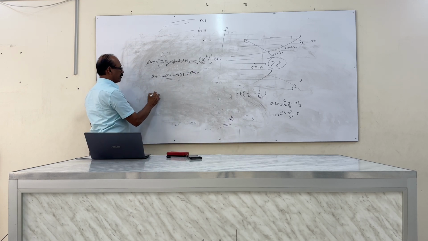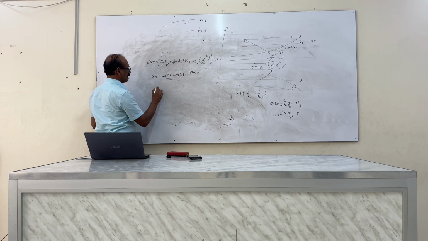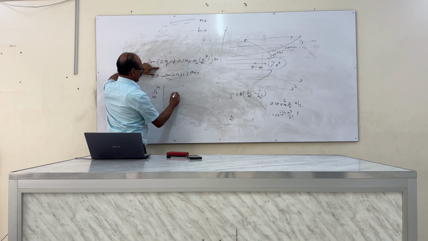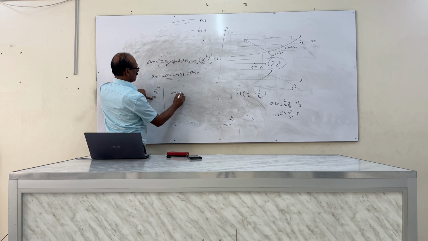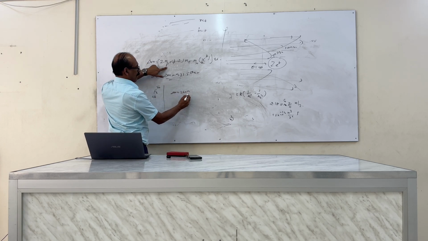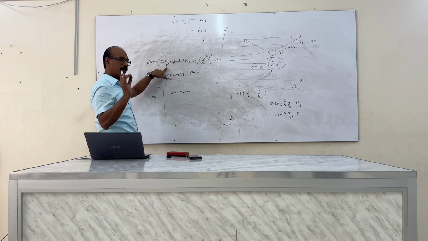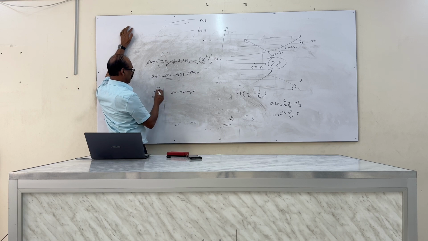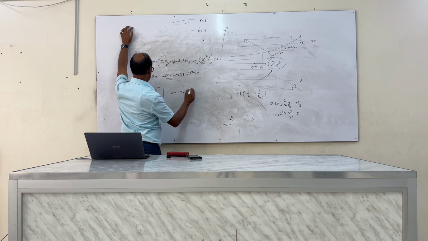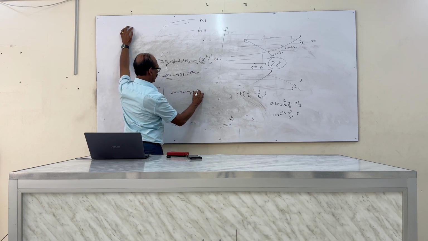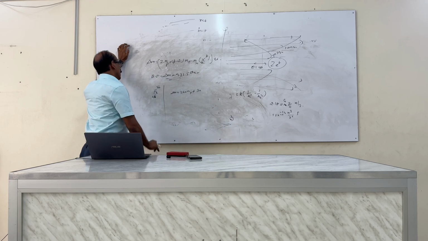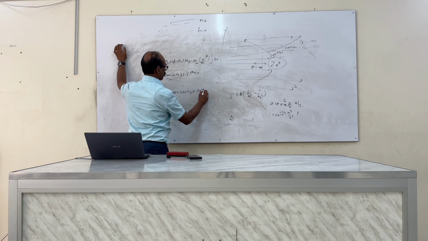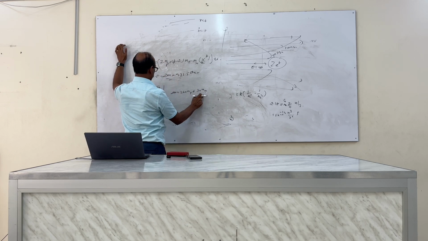For example, ferrum 26, 56. If you want to find out binding energy, you must write delta M is equal to 26 protons, 26 into mass of proton. This constant will be given in the question paper. That you substitute here, plus A minus Z, 56 minus 26, that is 30. Isn't it? 56 minus 26 is 30. 30 into mass of neutron.